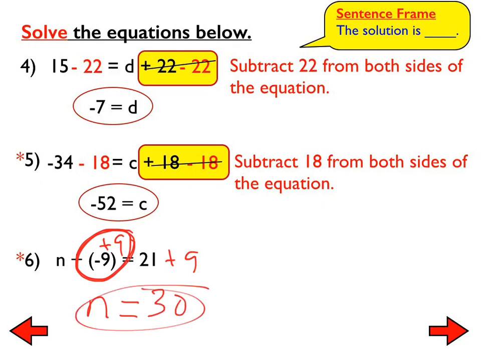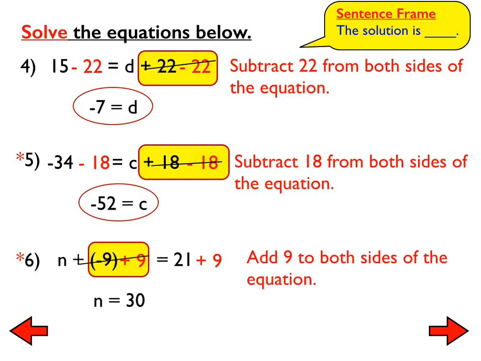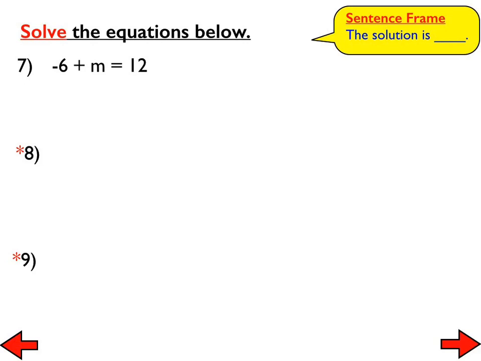All right. Could I get everybody now to do number 7, 8, and 9? And this is kind of a summary of everything that we've talked about so far. I am going to give you about 30 more seconds to finish up all 3 of those.